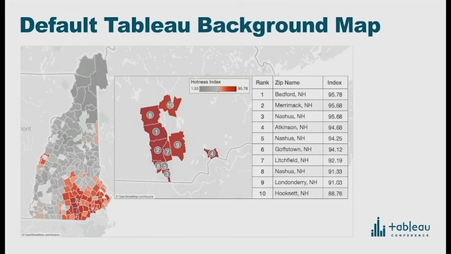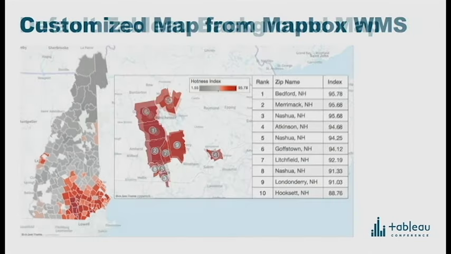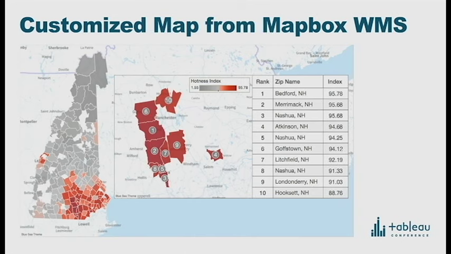Thanks to Datablake, we found a solution to incorporate other map servers such as Mapbox, which support the WMS protocol, which means that you can use Tableau to incorporate any customized map from any map server that supports this Web Map Service protocol.